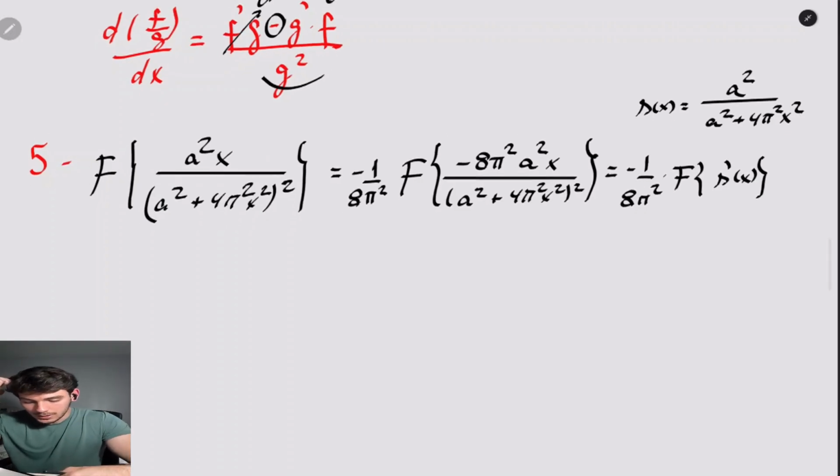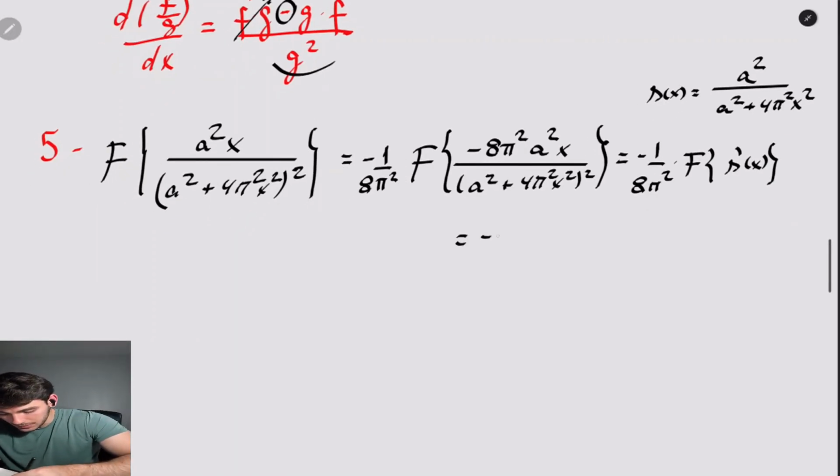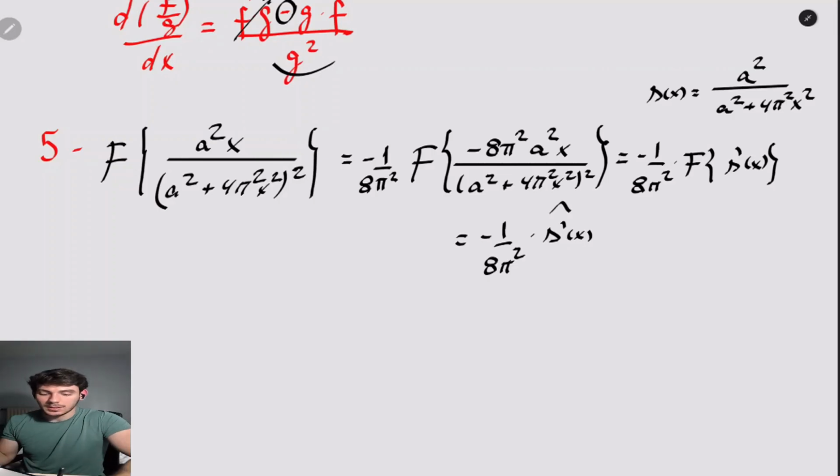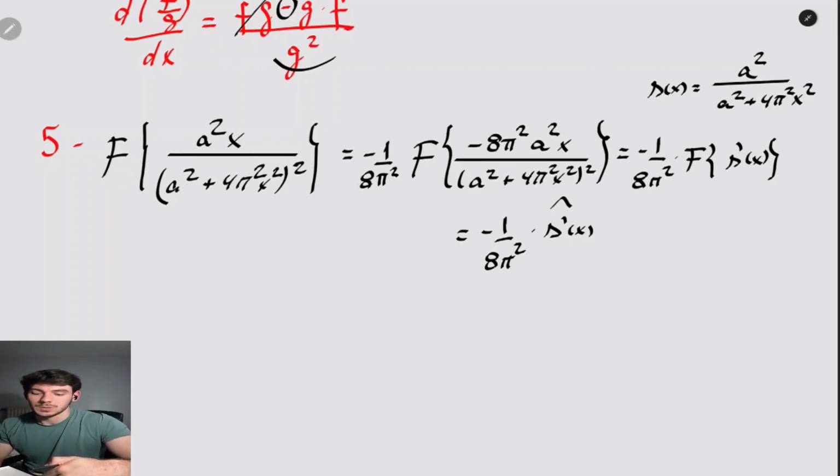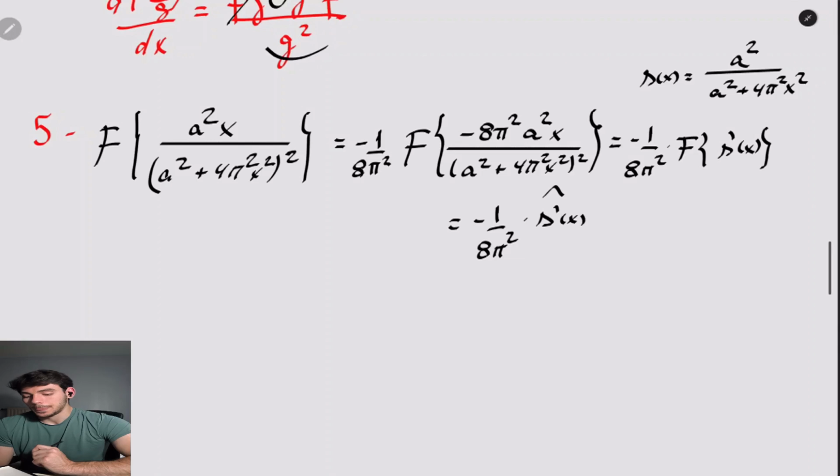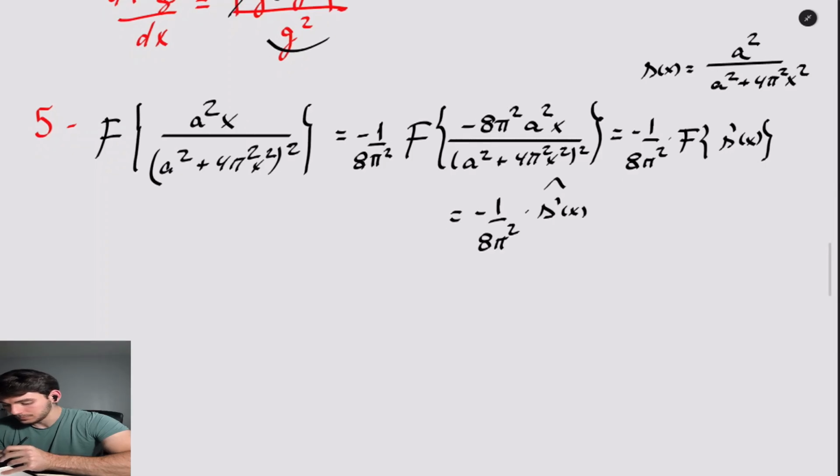Okay, so this is equal to minus 1 divided by 8 pi squared times the Fourier transform of s derivative. Since the Fourier transform is stable by derivation, we're going to use the formula that I've written in the theory video.